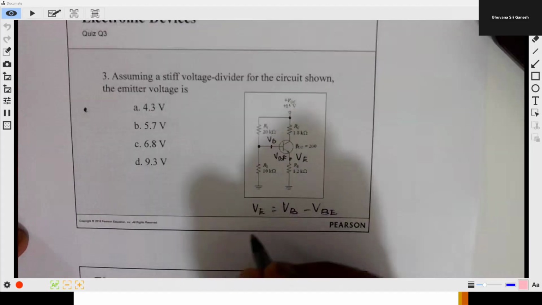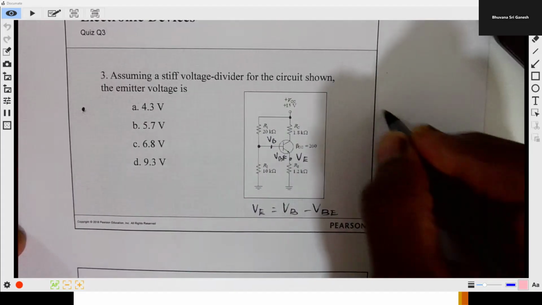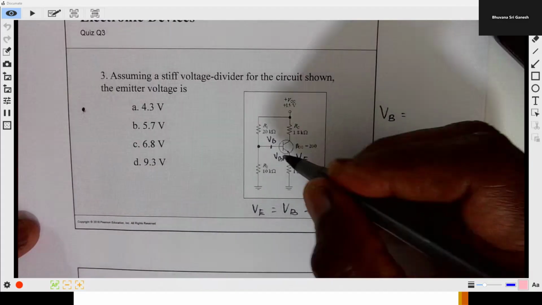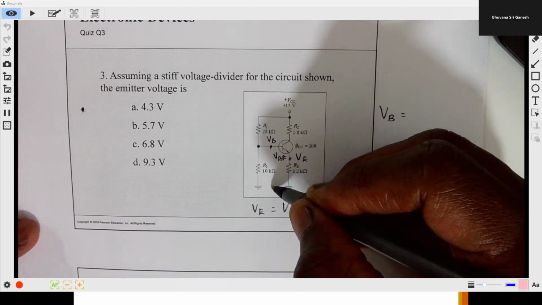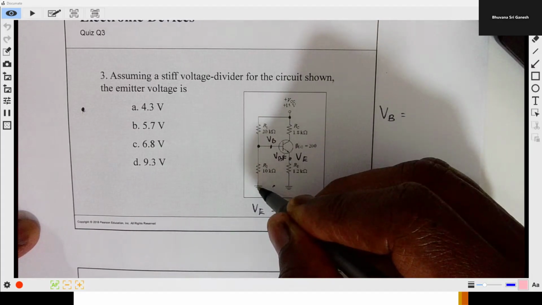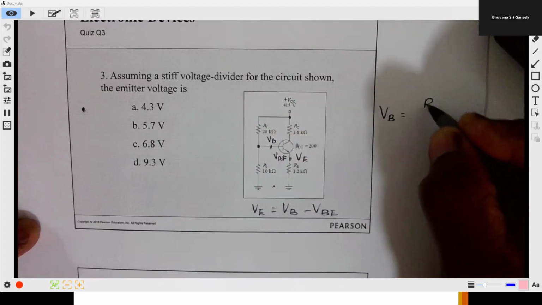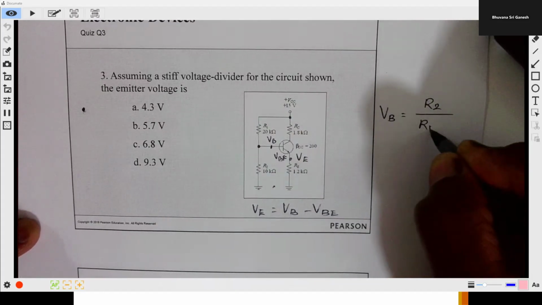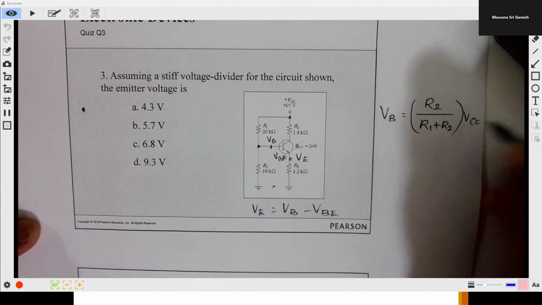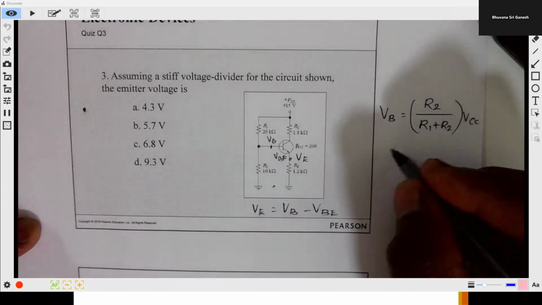VB is the Thevenin voltage, which is the voltage between point B and ground, so it's exactly across resistor R2, and by the voltage divider rule it is R2 over R1 plus R2 times VCC.